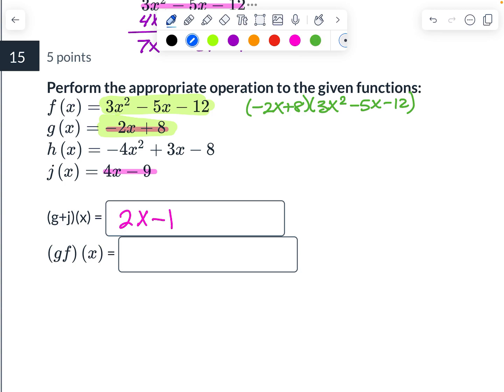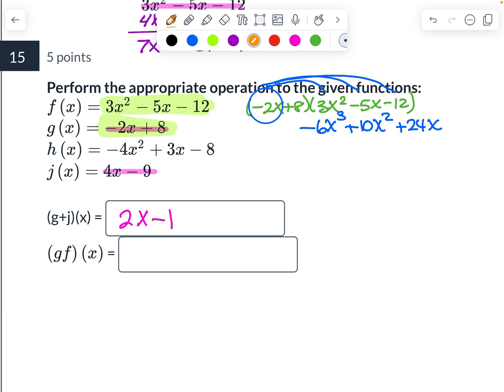We are going to take the first term, which is negative 2x, and multiply it by each term in this function. So negative 6x raised to the power of 3, plus 10x raised to the power of 2, plus 24x.